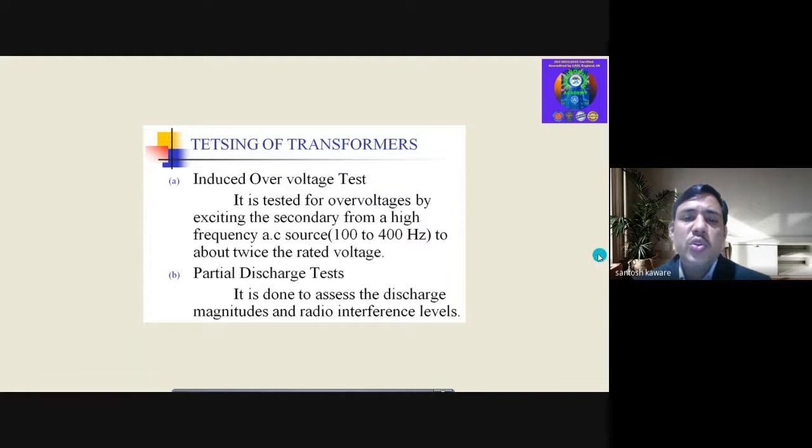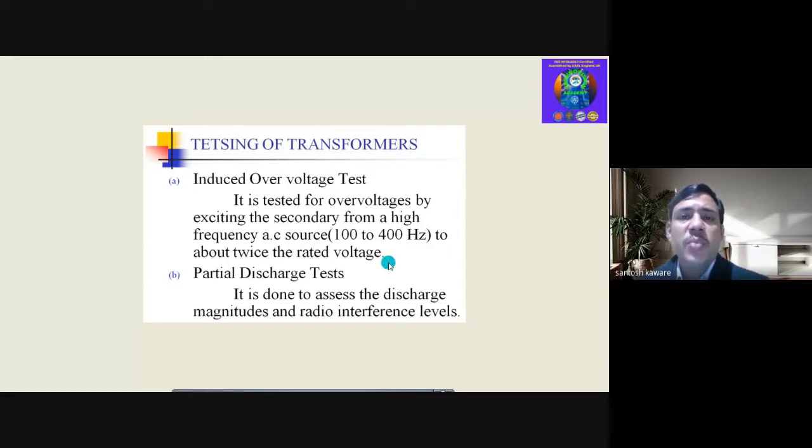So in the induced voltage test, they apply the voltage from the secondary side. Suppose an AC source with a 100 to 400 hertz frequency range, voltage is given, that is about twice the rated voltage, means whatever rating is there, twice of that is applied from the secondary.